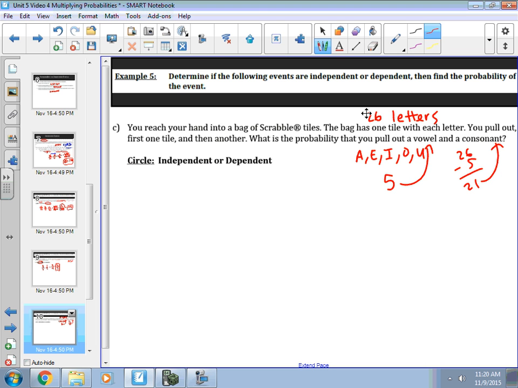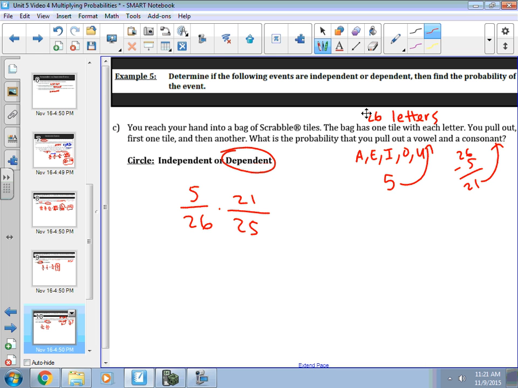So let's try to figure out the probability of what this would be. We're pulling out 1 tile and then another, so we can assume here we're not replacing it. This is going to be dependent. So our chance of getting the vowel is 5 out of 26. If that one tile's already out, we're going to be down to 25 tiles, and there'd still be 21 consonants in there.